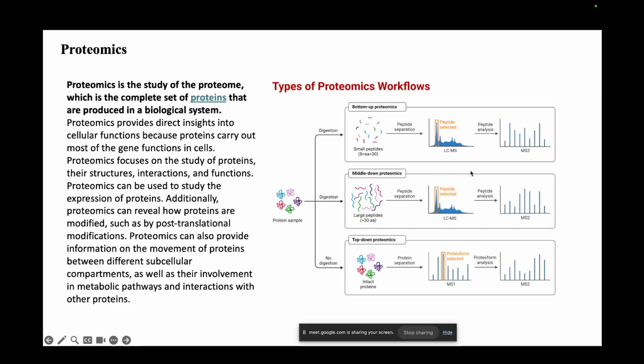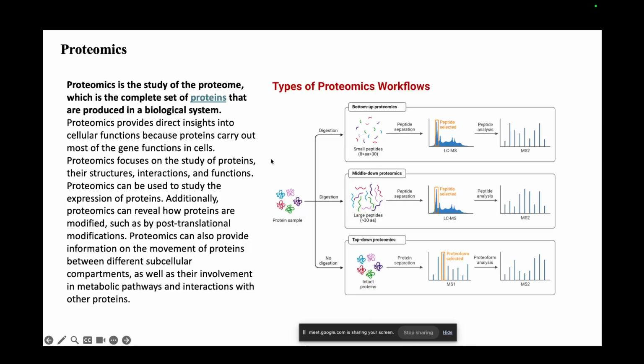We'll touch upon it a little bit later, but either you do bottom-up, where you have small peptides and you do peptide separation and then see what these protein sequences are, or you have larger peptides, and then you also have proteoforms, which are different folded proteins that are slightly different from each other, right? So you can have all these types of samples and then you can find what the amino acid sequences are, if there are modifications on the sequences somewhere, or where this particular protein is getting generated, right?